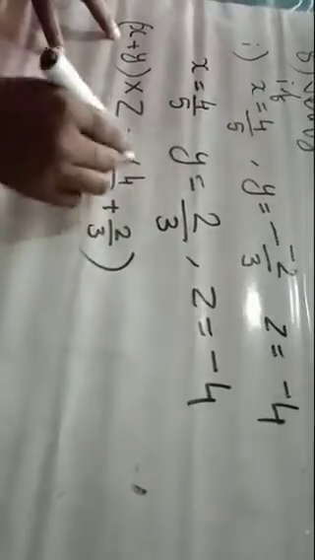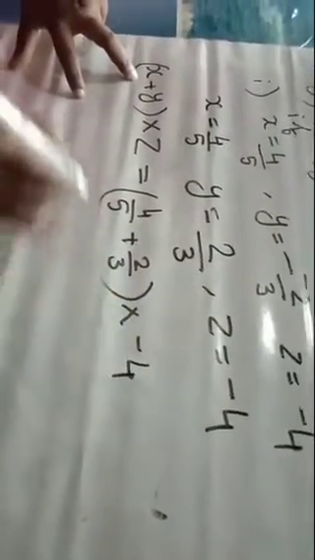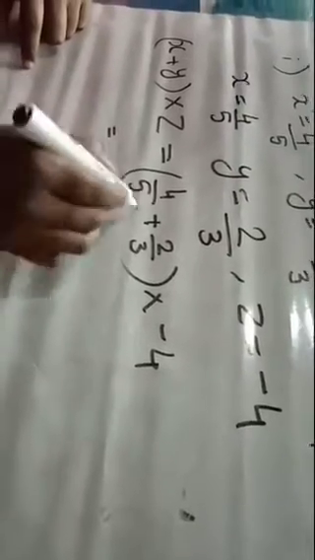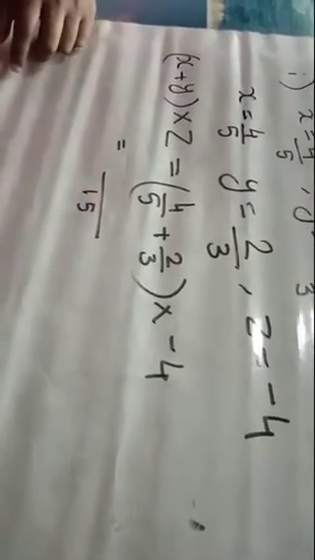(4/5 + 2/3) × (-4). First do the bracket. The LCM of 5 and 3 is 15.